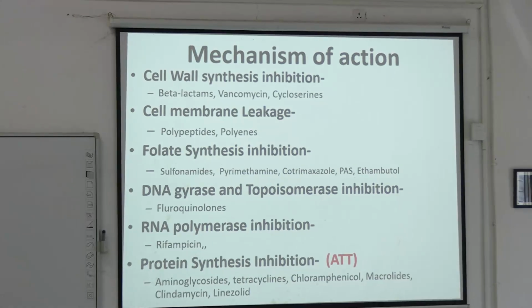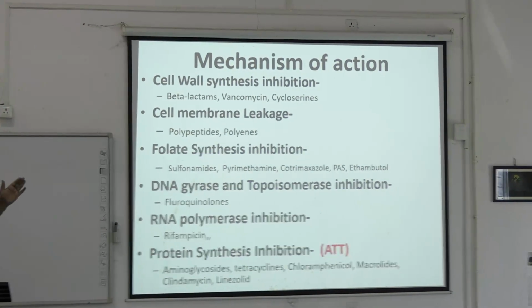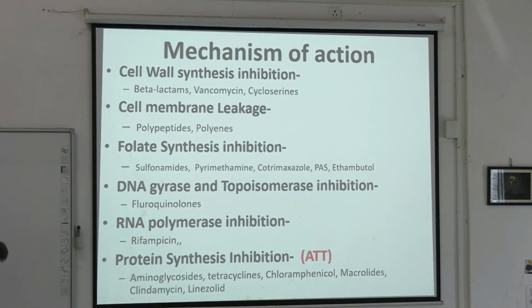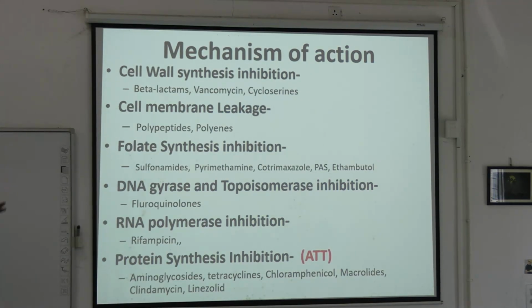Cell membrane, polyenes and polypeptides. Then folate synthesis inhibitors like sulfonamide, pyrimethamine, cotrimoxazole, PAS and ethambutol. Then DNA gyrase inhibitors are fluoroquinolones. RNA polymerase inhibitor is rifampicin. Where is it used?